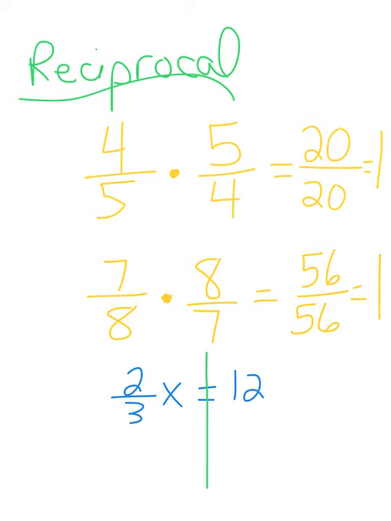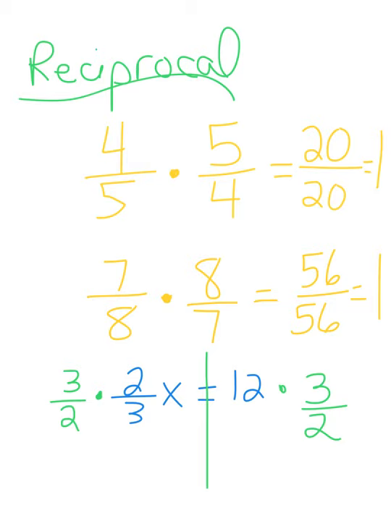So what is the reciprocal of 2 divided by 3? We're going to flip it. It's 3 divided by 2. And we're going to multiply the left-hand side by that. But remember, whatever you do to one side of the equation, we always have to do to the other side of the equation to keep it balanced. And why did we do that?